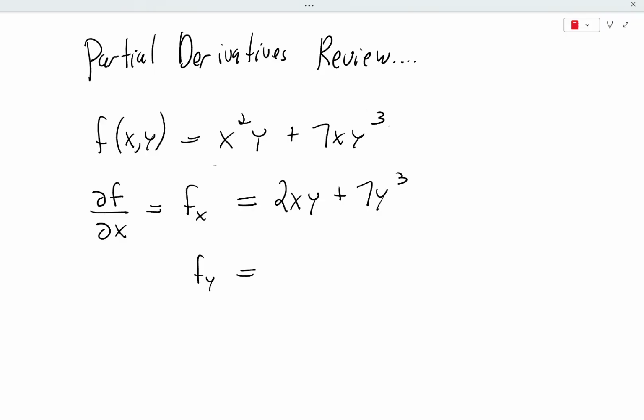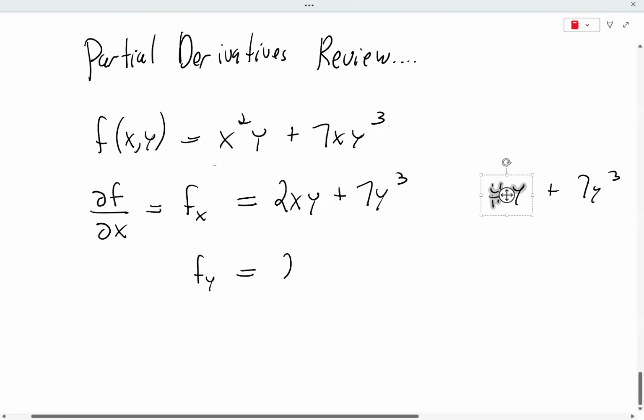You treat the x like a constant, so it's like a number times y, plus 7y cubed. If you had a number times y, the derivative would just be that number. So it's 2x, plus, and then you take the derivative with respect to y, 21y squared.